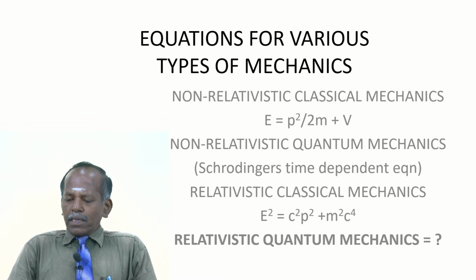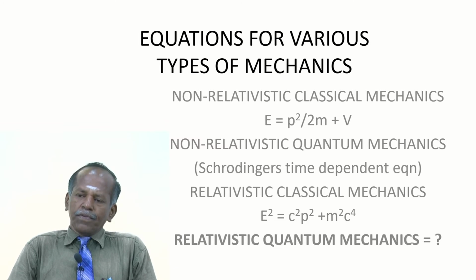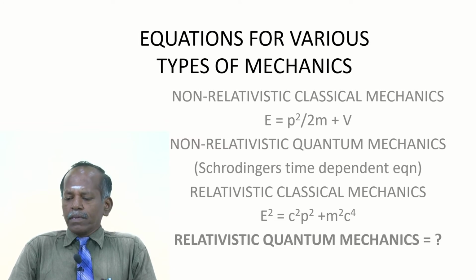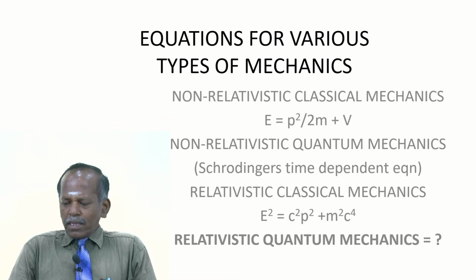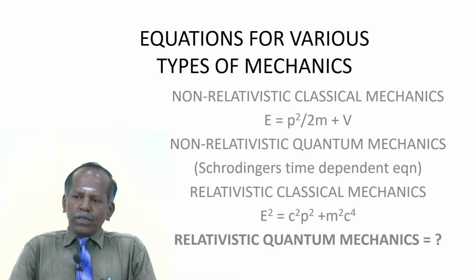But it is popularly called Schrödinger's equation. That is the equation for non-relativistic quantum mechanics. That equation is iħ ∂ψ/∂t equal to minus ħ²∇² by 2m plus V. In the following slide, I will show you the exact equation.